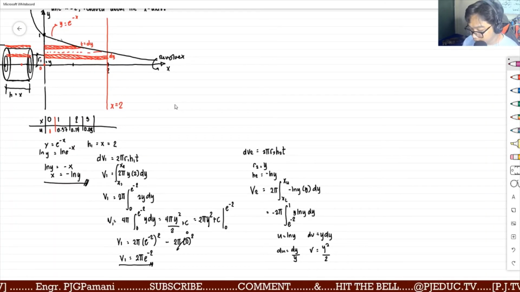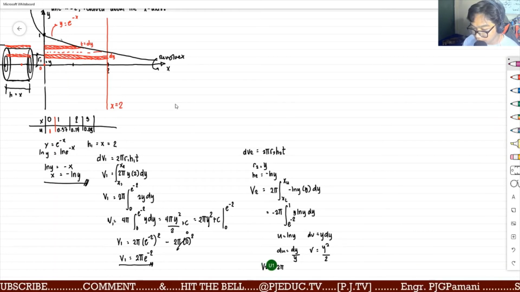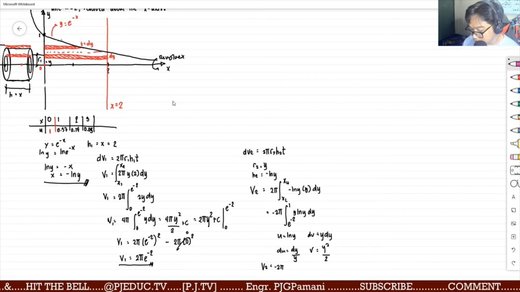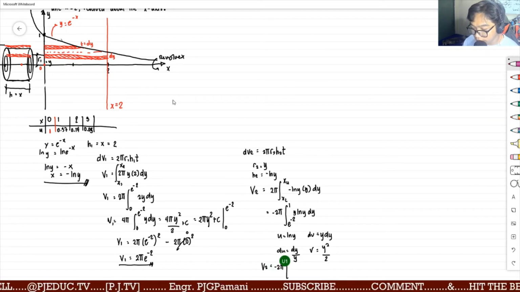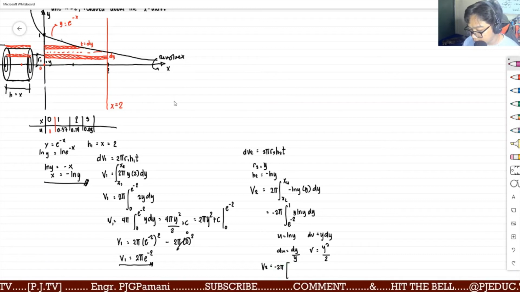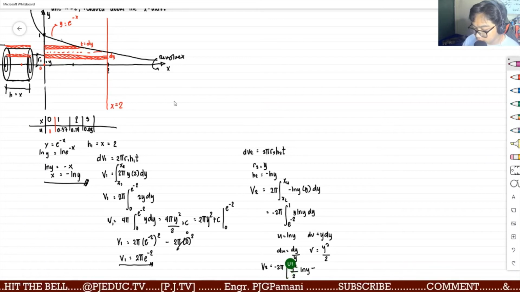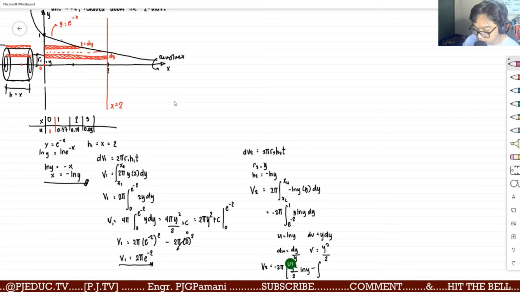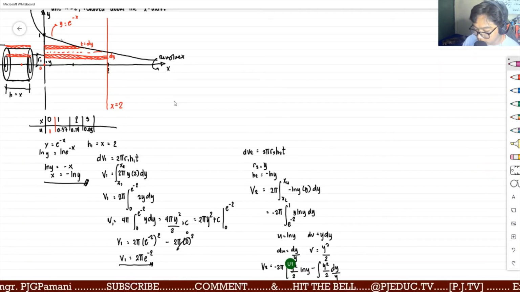That is V2 equal now to negative 2 pi of uv, which is ln y times y squared over 2, minus integral of v du, which is y squared over 2 dy over y. Cancel.